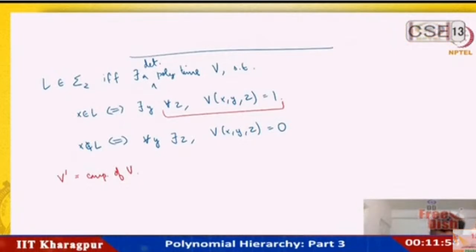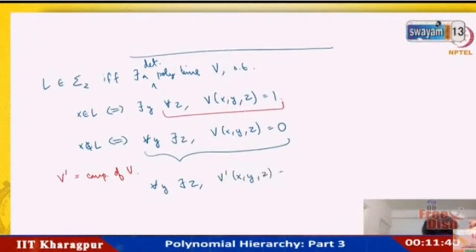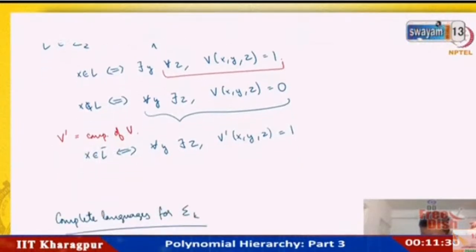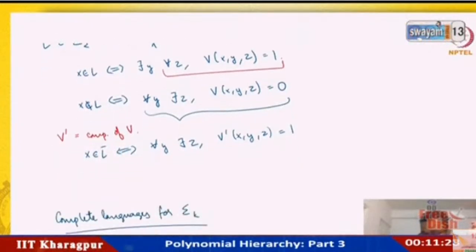So we can rewrite this as for all y there exists z such that V prime x y z equals 1. So now we have that x is not in L, or x is in L complement, which is another way of writing the same thing, if this is true. But now this is exactly the characterization of pi 2.